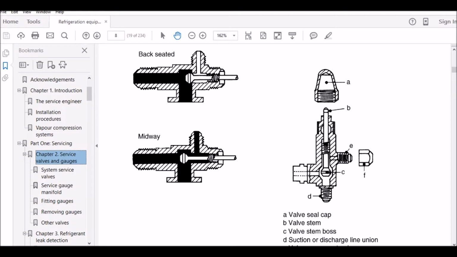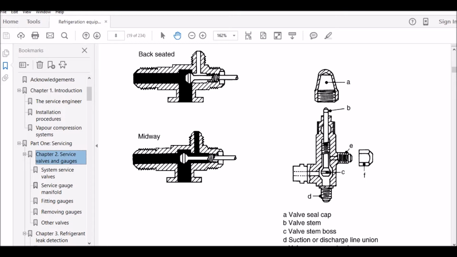And what you'll notice, this is cutaway, is that when it's in the back seat position, this black here is representative of refrigerant. So all this area here is refrigerant. But you can see there is no refrigerant going to the service port when you have your valve in your back-seated position.